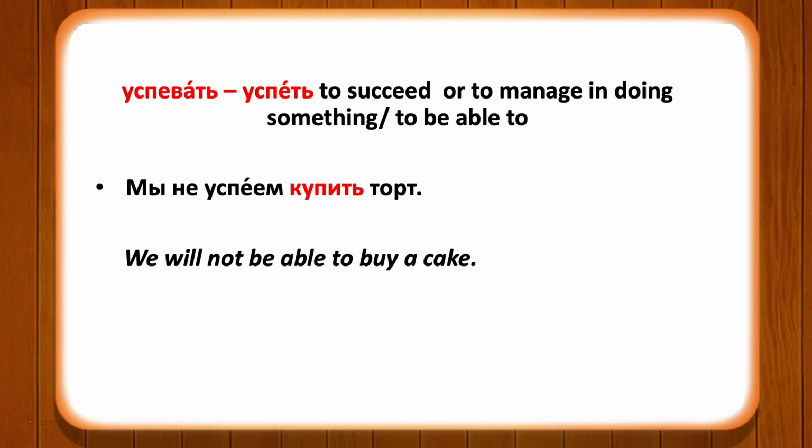Мы не успеем. After this verb, the second verb that we will use will always be of the perfective aspect. So, мы не успеем купить. Купить means to buy. So, we will not be able to buy a cake. Мы не успеем купить торт. We will not be able to buy a cake.